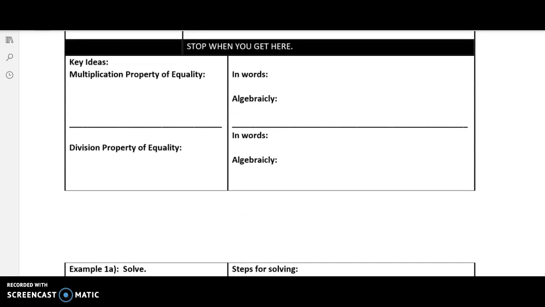All right, so key ideas. So we have the multiplication property of equality, and just like when we had our addition property of equality, multiplication is the same thing.